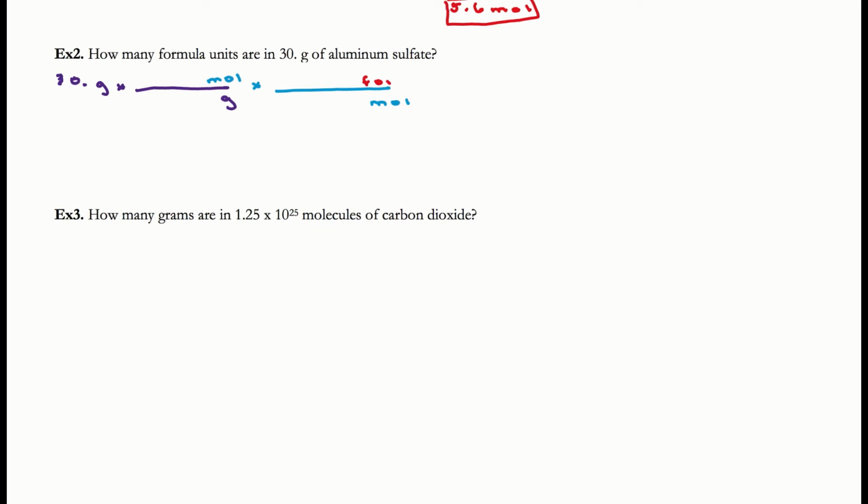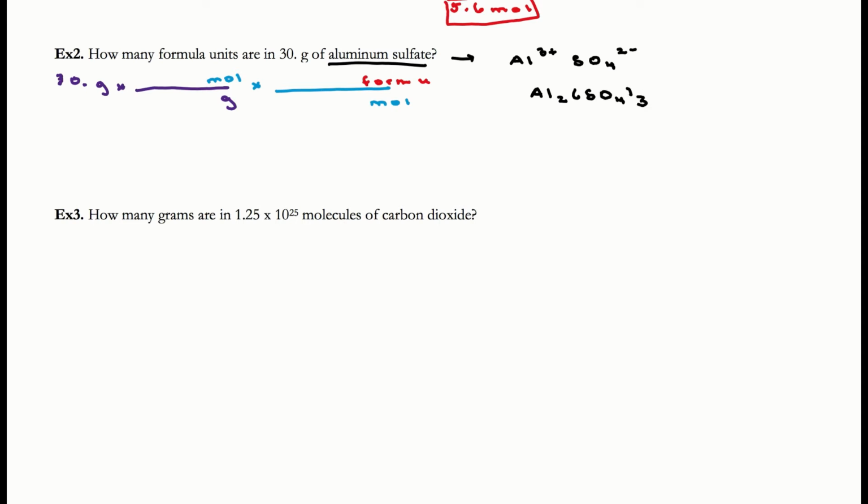In order to go from grams into moles, I need to determine the molar mass of aluminum sulfate. And to do that, I need to know the formula of aluminum sulfate. So I'm going to have to cross charges. Aluminum's 3+, sulfate is 2-. So the formula for this compound is Al2(SO4)3.